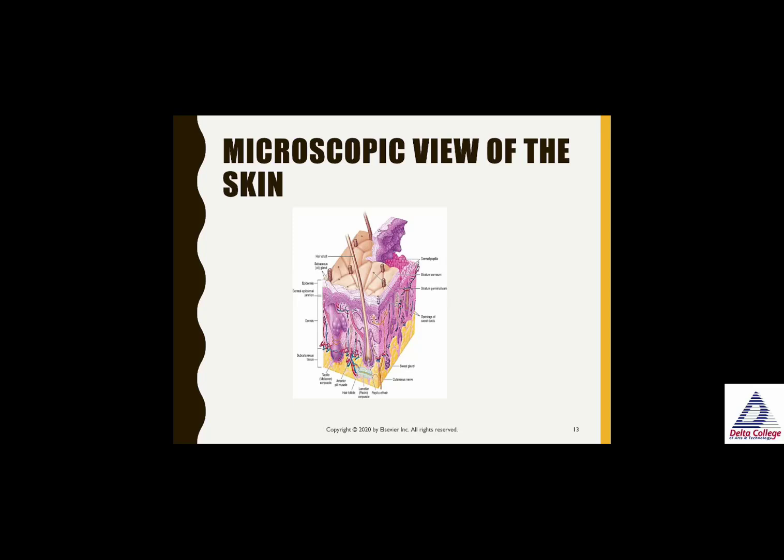Now, fat in this subcutaneous layer actually insulates the body from the extremes of heat and cold. It also serves as a storage source of energy for the body that can be released to support metabolic demands when required. In addition, the subcutaneous tissue acts as a shock absorber pad. It can protect underlying tissues from injury caused by bumps and blows to the body surface.